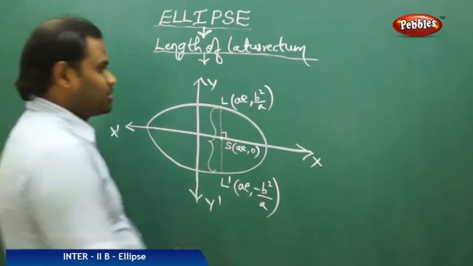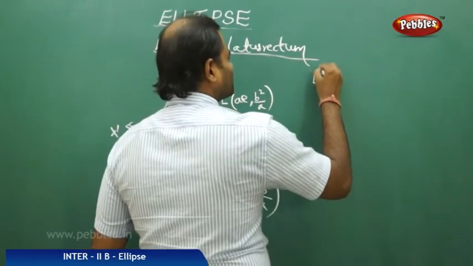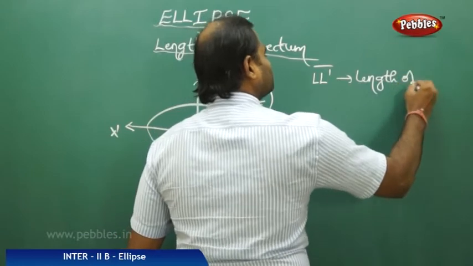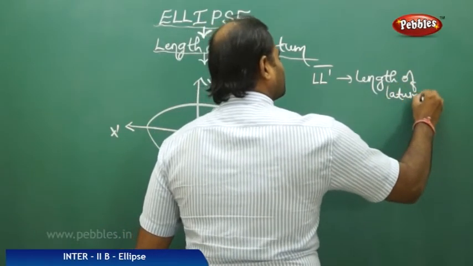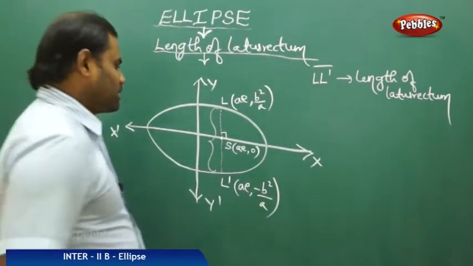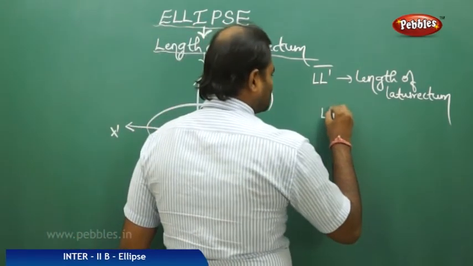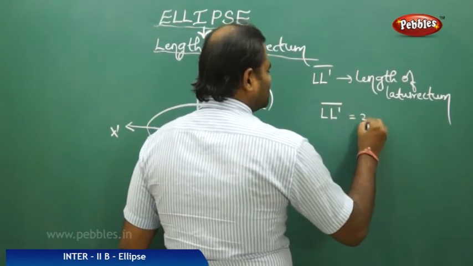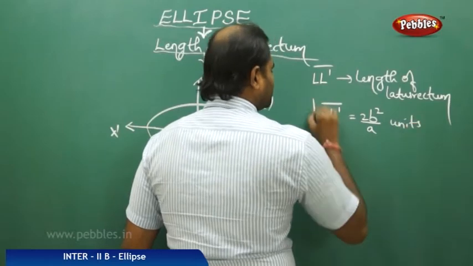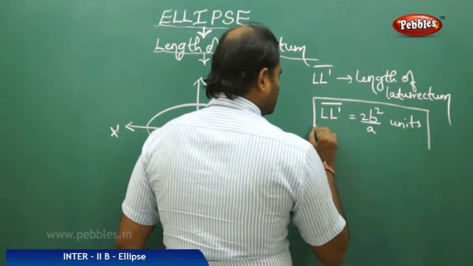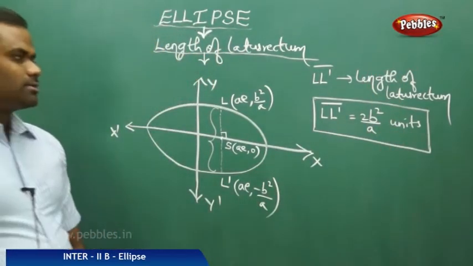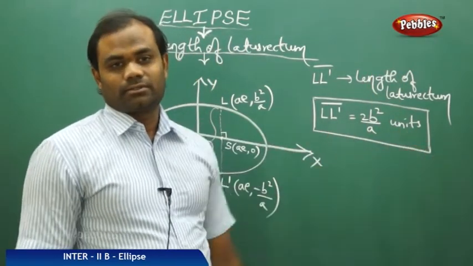So LL dash is said to be the length of latus rectum. This length of latus rectum is given by LL dash equal to 2b square by a units. That is how we identify that the length of latus rectum is 2b square by a units.